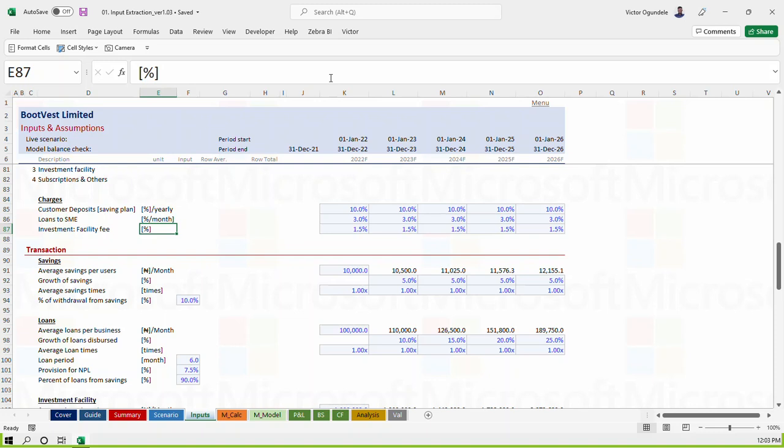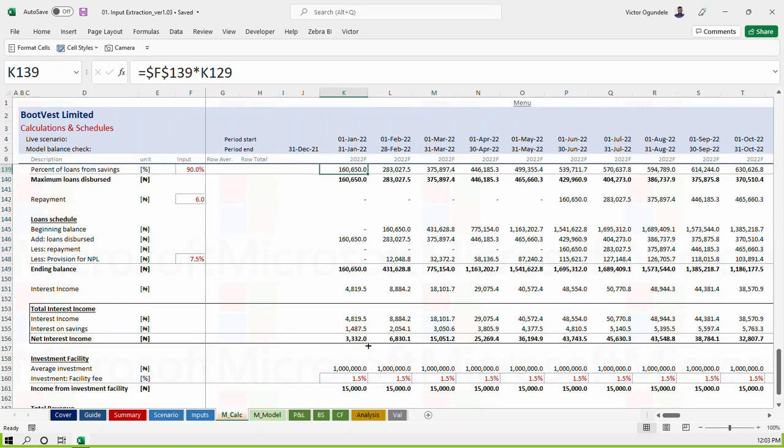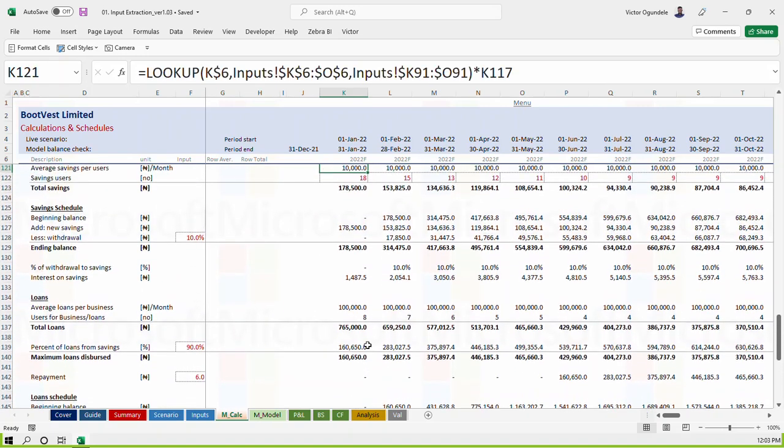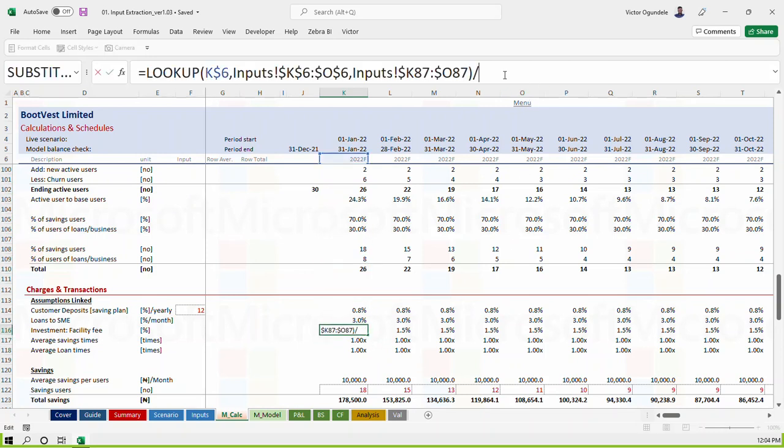Is that not the normal management fee they charge in asset management? I think 2% is what traditional asset managers usually charge per annum. Okay, so I think 2% is fair. Per annum, so divide that by 12 then. Let's go back to our assumptions and divide this by 12.